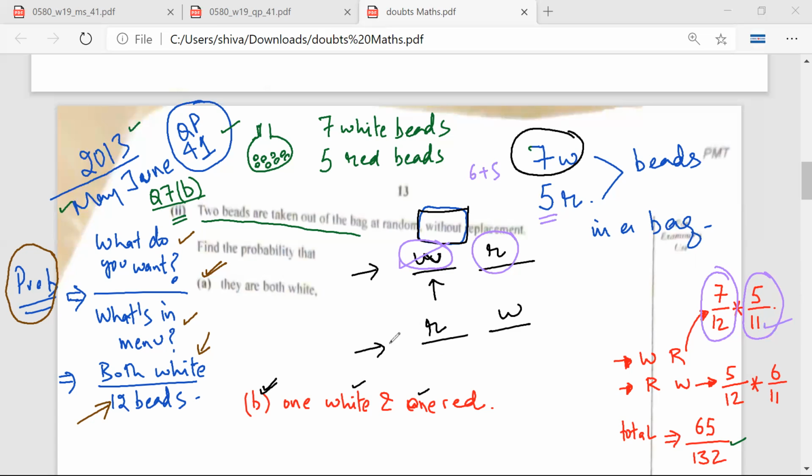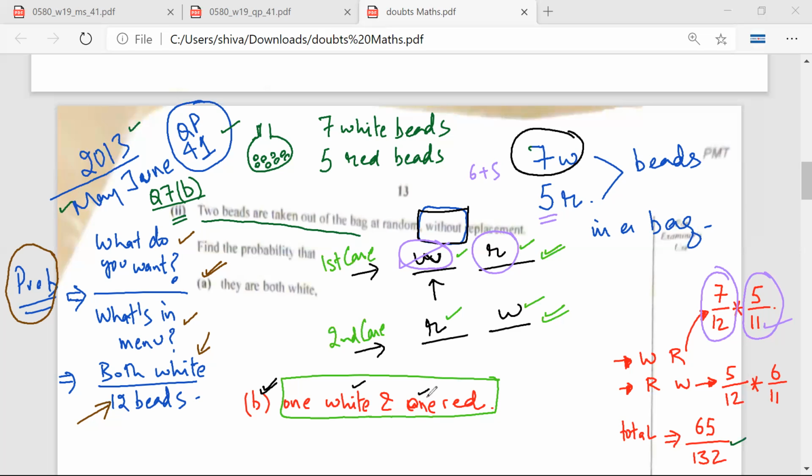Okay. Now this is the first case. In the second case, I have to satisfy this condition of one white and one red. See, one white and one red means this can be white, this can be red, or this can be red, or this can be white. So both these cases are acceptable.